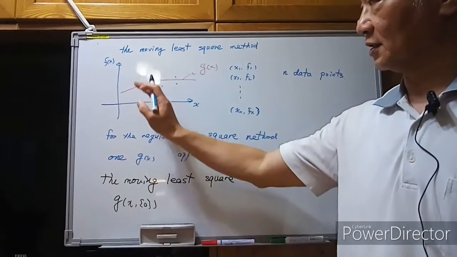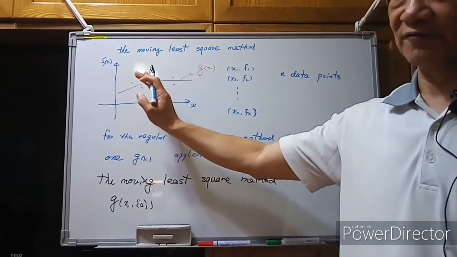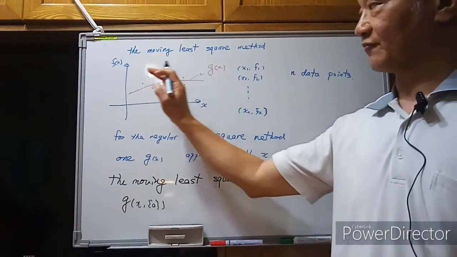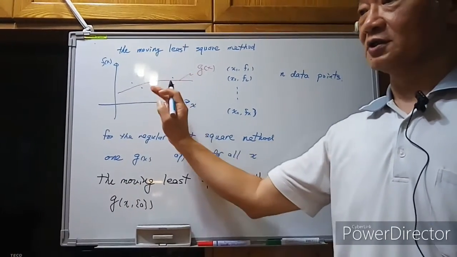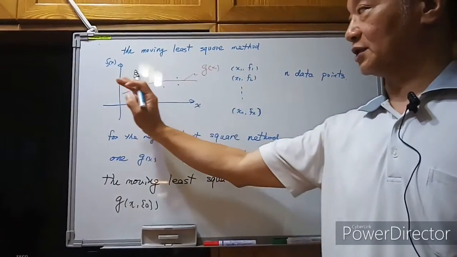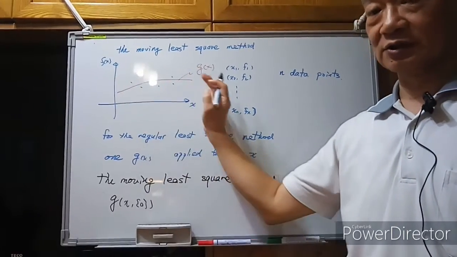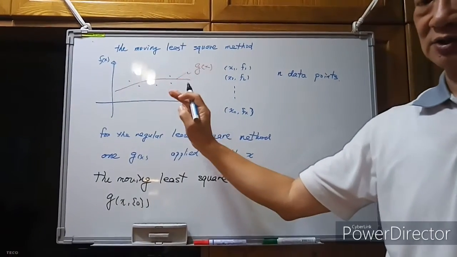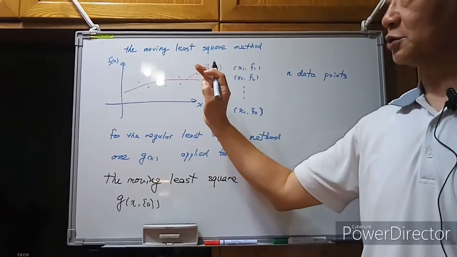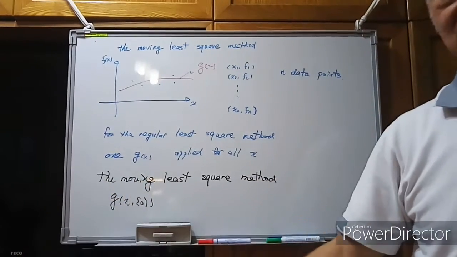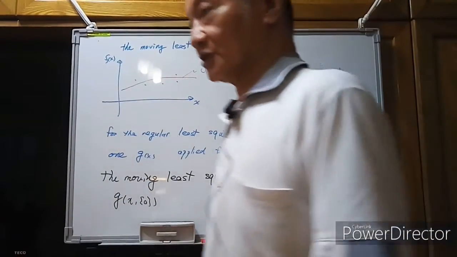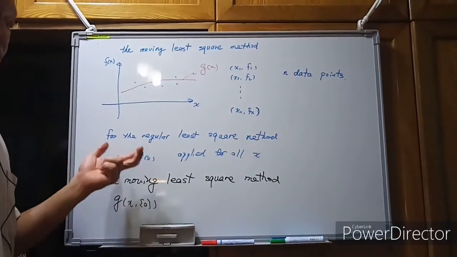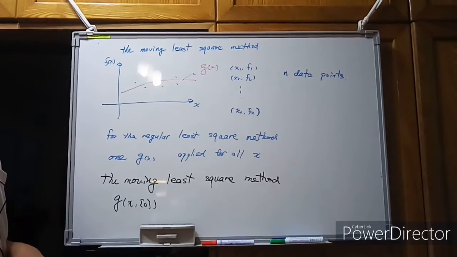If we consider a different center point, then we get a different g of x function. Actually we have infinity g of x functions, since there are infinity points in the considered range.